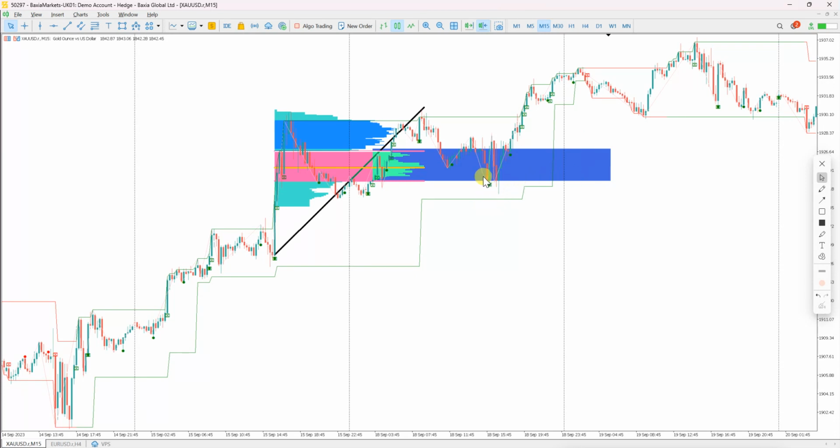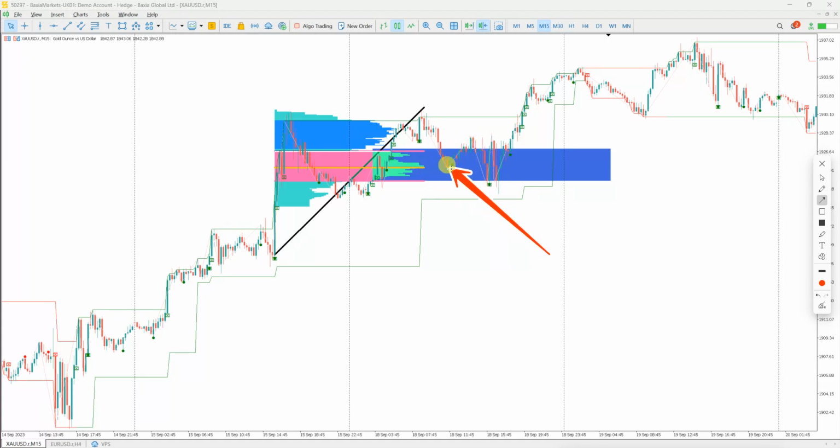And notice here, it did a liquidity grab. Okay, here, liquidity grab. And the price went back above the POC and above this.